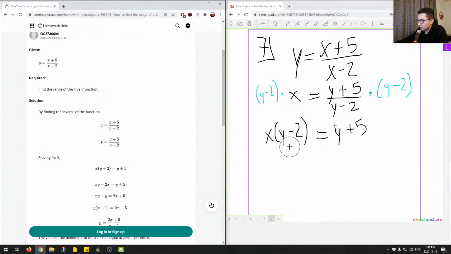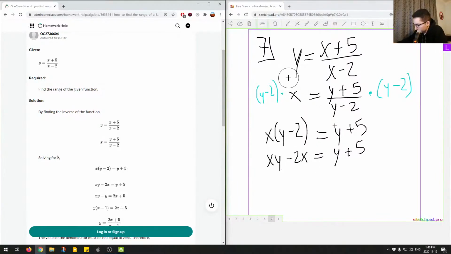Then we just expand this out, so we have xy minus 2x equals y plus 5. Here we're trying to isolate y, so we want to put all of the y terms on the left side. We'll subtract y from both sides and add 2x.